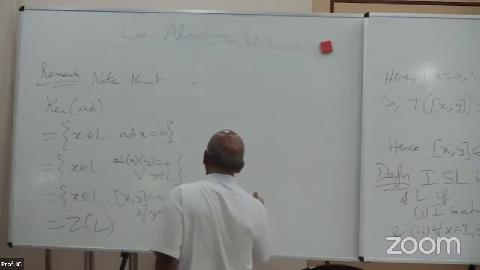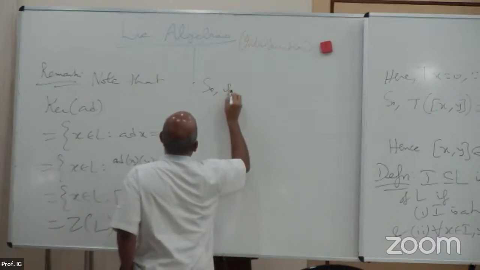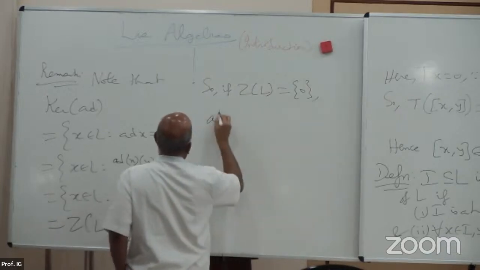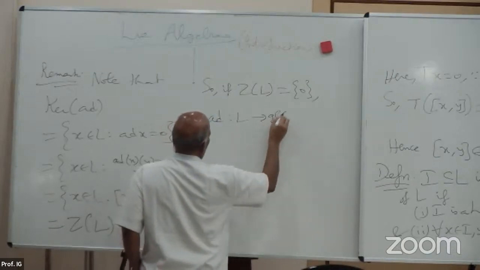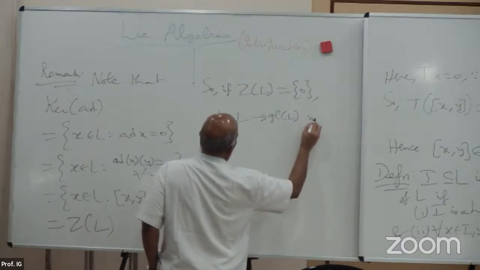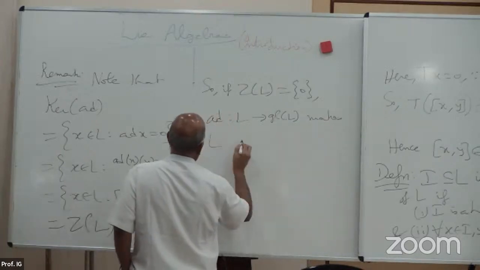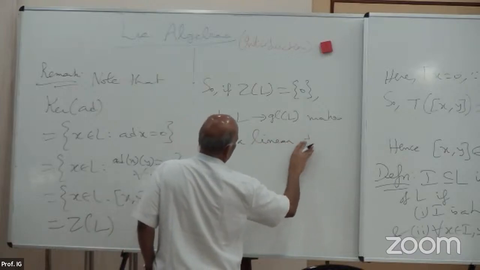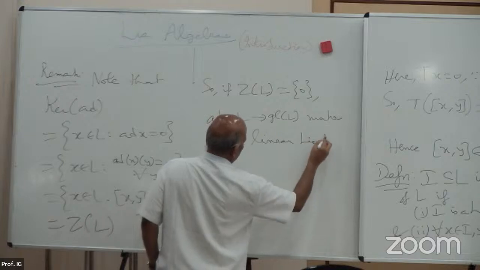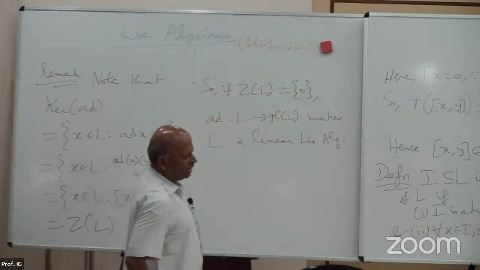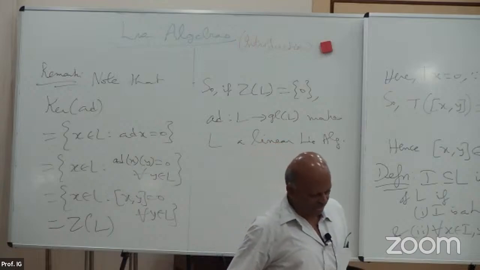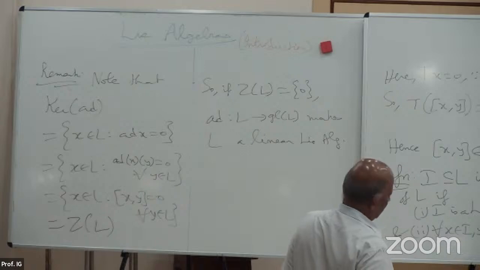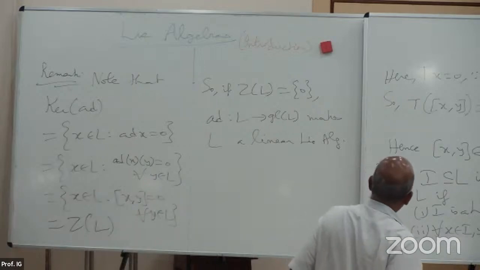So if the center is 0, automatically L becomes a linear Lie algebra because it is going to be a subalgebra of gl(n). Okay.